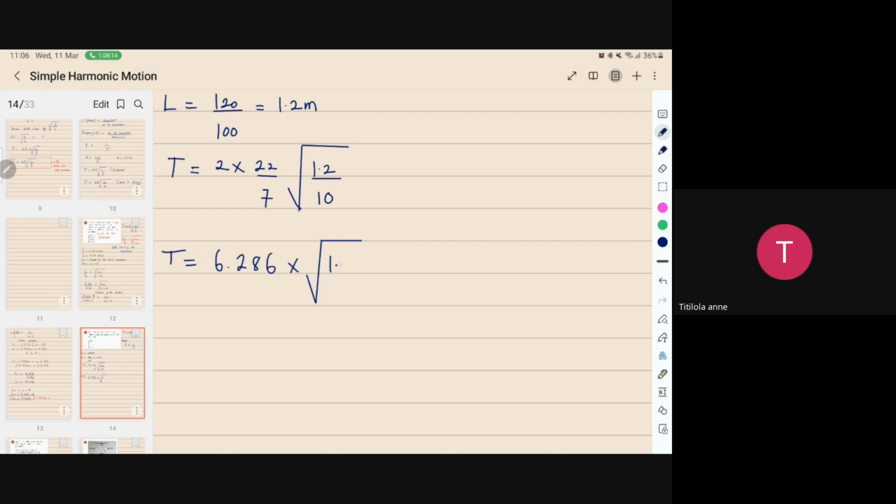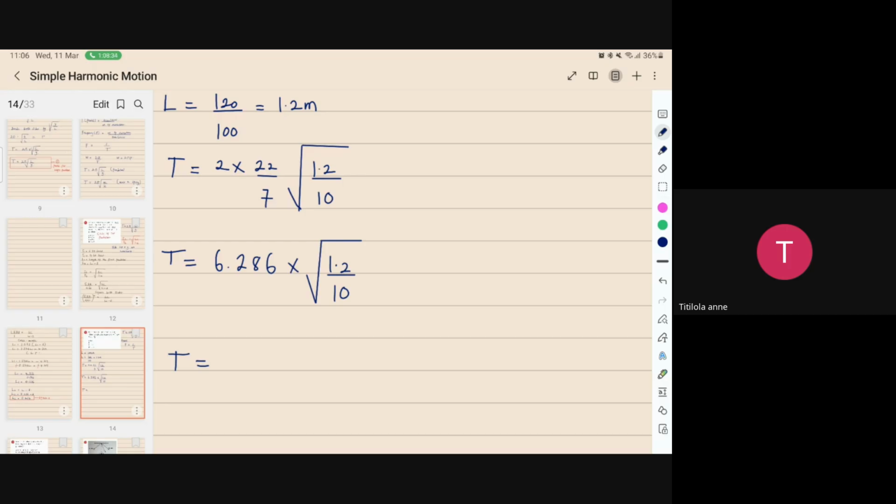And from there, I can now calculate my frequency. So T is equal to... I'm using my calculator. You can be confirming with your own calculator if you have a good one. Times the square root of 1.2, divided by 10.